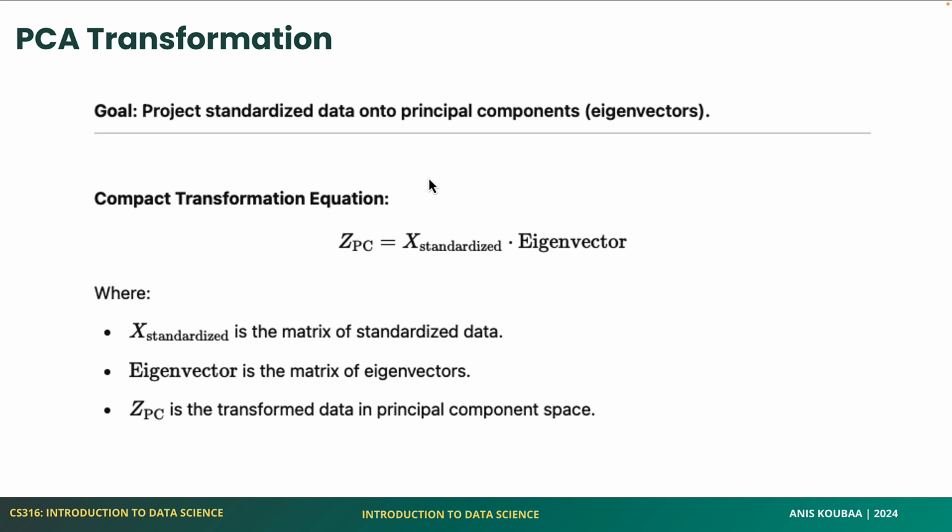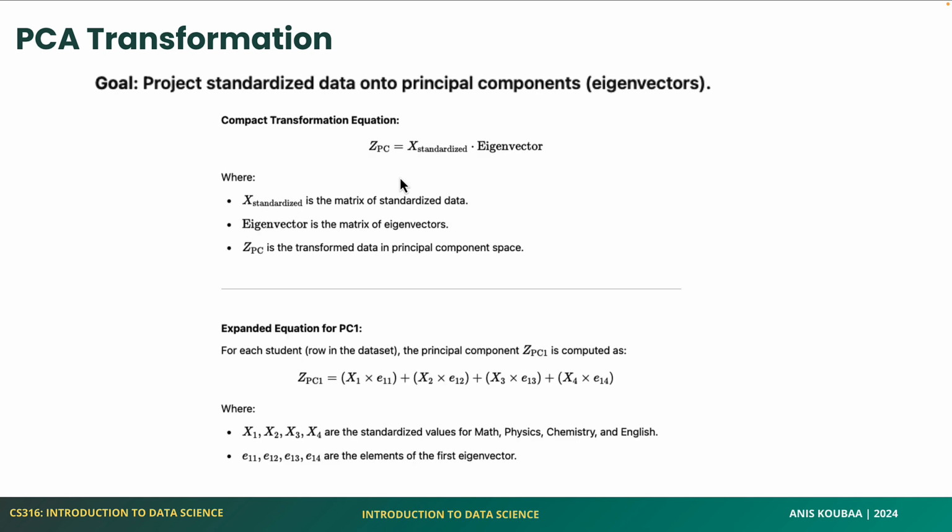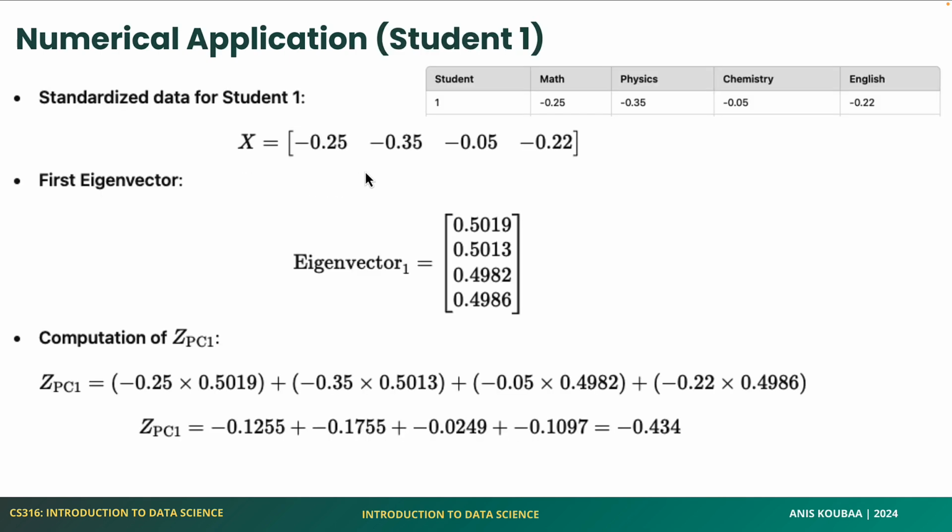Okay, let's take this example here. I take the first student, which has the values minus 0.5, minus 35, minus 0.05, and minus 22. And I will multiply by the eigenvector. So this is going to give me another feature that represents the grade of student 1. It's called ZPC1. So I projected all these vectors into another vector.